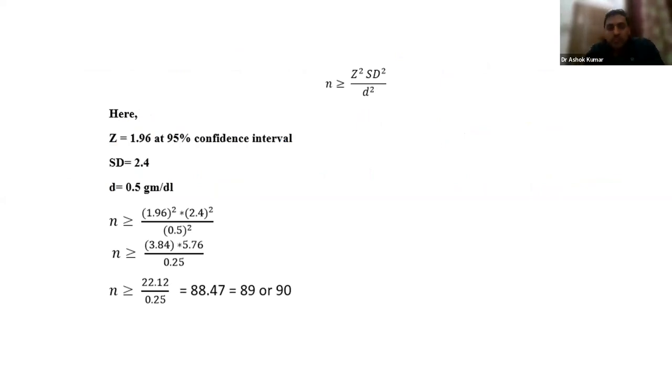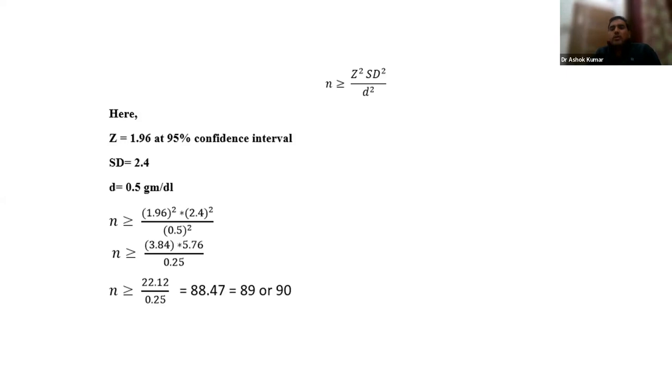Sample size calculation for single mean, one group mean, descriptive study or cross-sectional study. It is n equal to or greater than, please take always equal to or greater than, Z square SD square upon D square. So where is Z square? Where is 1 minus alpha by 2? You have to just remember, 1 minus alpha by 2.